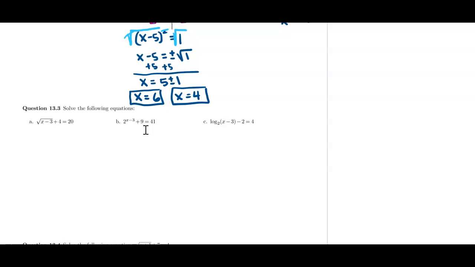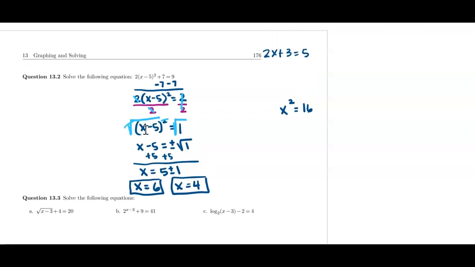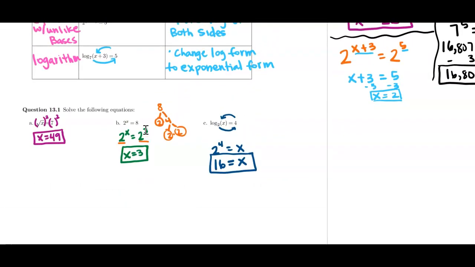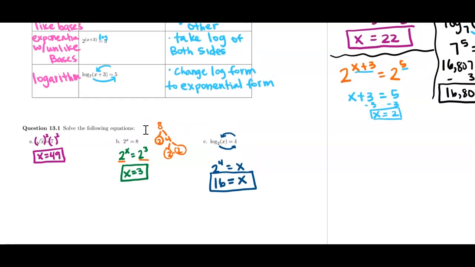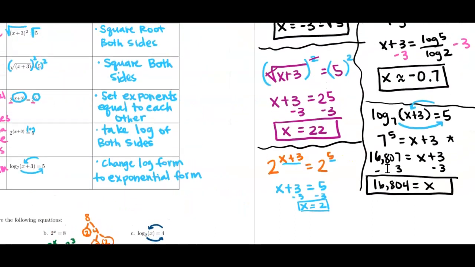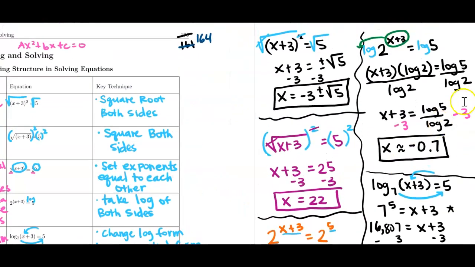Yeah, but with the example one, let me look and see which one. The one with the exponential with unlike bases. So you didn't put log of x plus 3, you just put x plus 3 and then log of 2. Right. So do you not do log with the exponent?